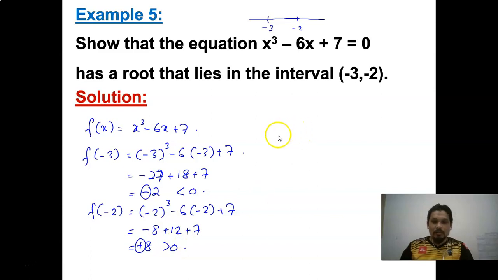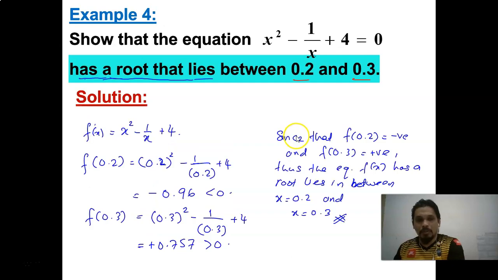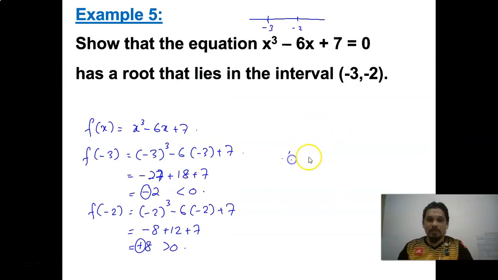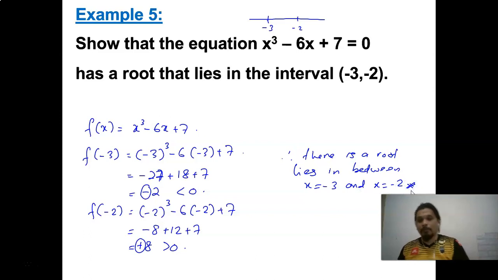So we write down the same sentence as previously and come up with the conclusion that there is a root that lies in between x equal to -3 and x equal to -2.